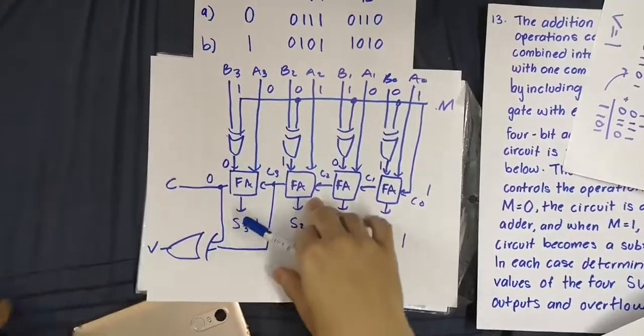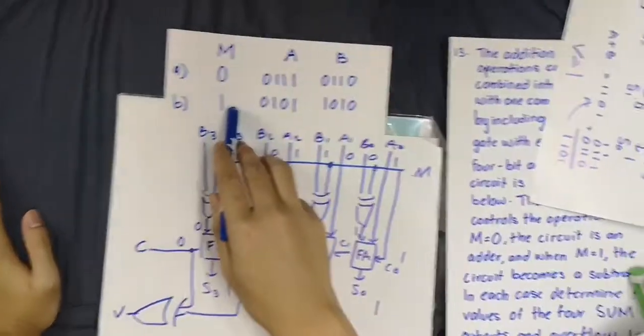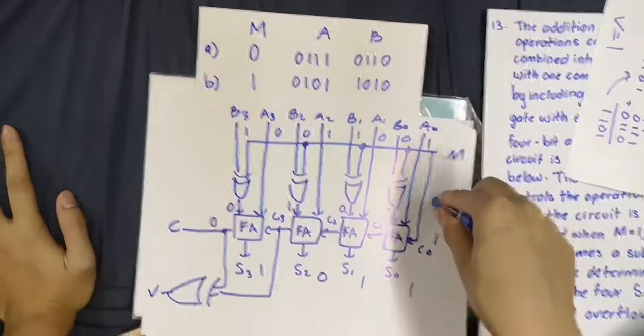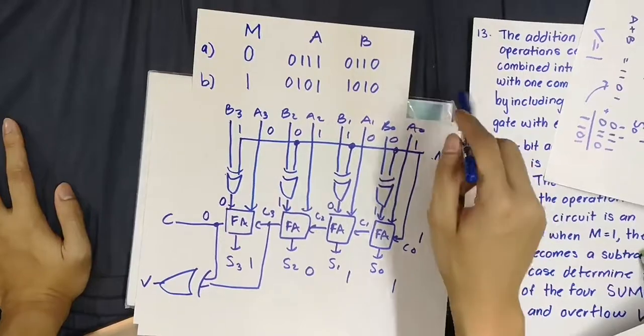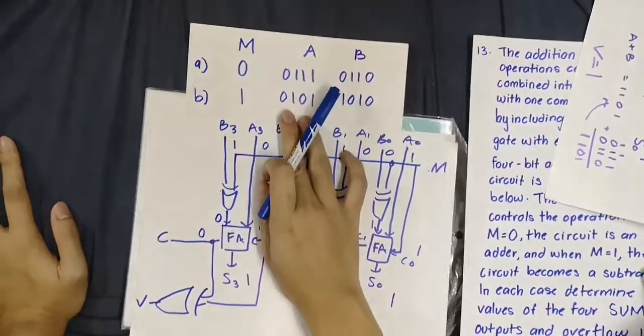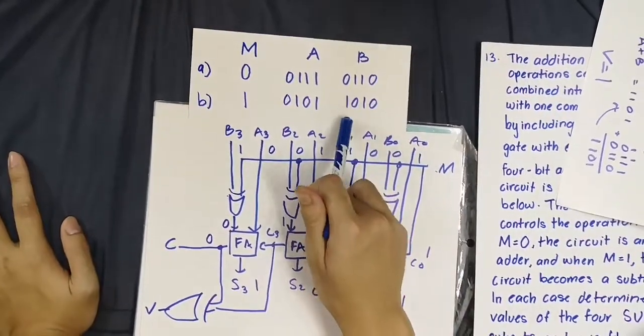Okay, let's move on to the second state. The question said that if M equals 1, it will be a subtractor. This circuit from figure 1 will be a subtractor. As in the first state, we put in the values for A, 0 1 0 1, and for B, 1 0 1 0.